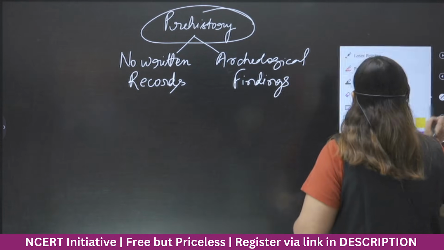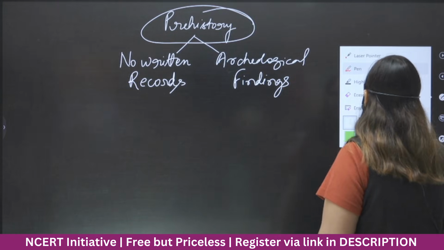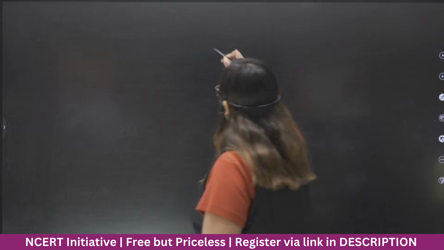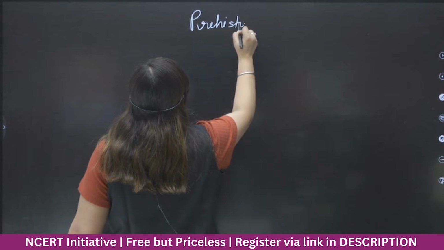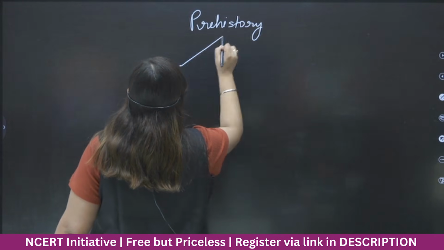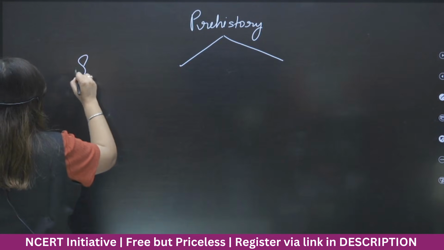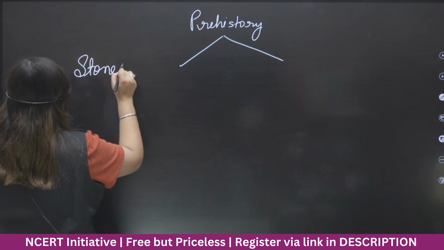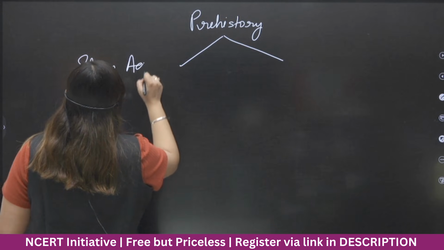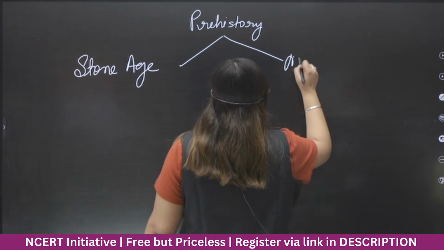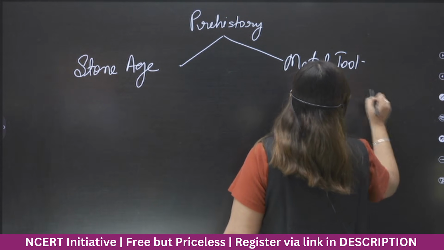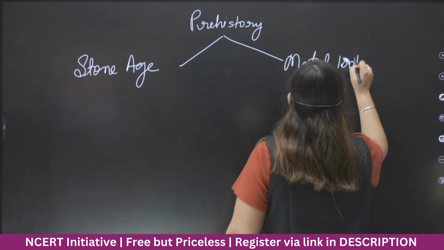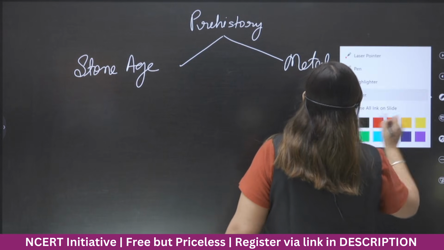So, I'll just make a small timeline chart for you. Prehistory is divided into two parts. Stone Age, because we had stone tools here, and Metal Age, because we had metal tools here. Fine.